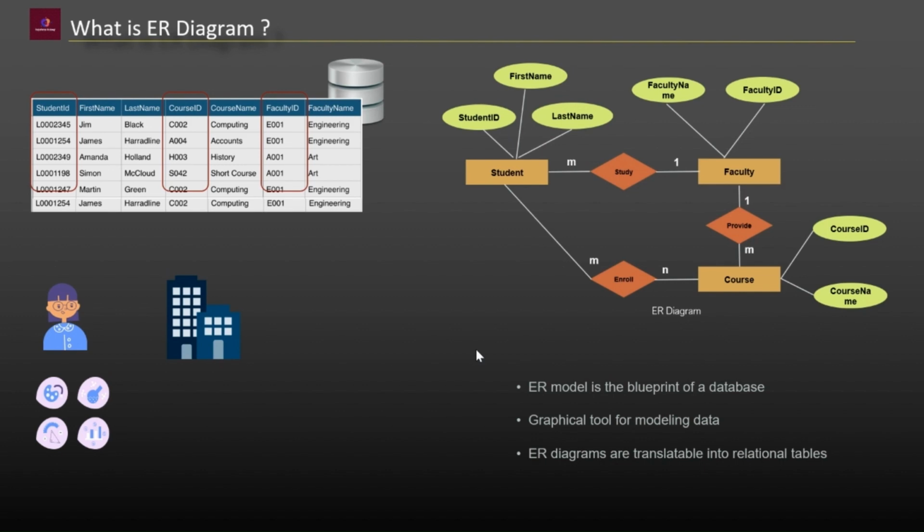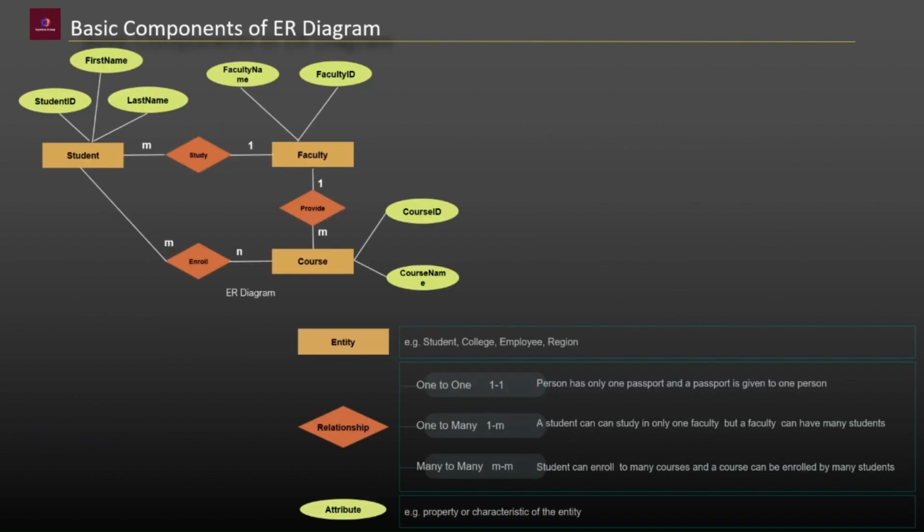On the other hand, we can convert ER diagrams into relational tables, which allow you to build a database quickly. And with the help of it, the database designer gains a better understanding of the information to be contained in the database. So ER diagrams are created based on three basic concepts: entities, attributes, and relationships.